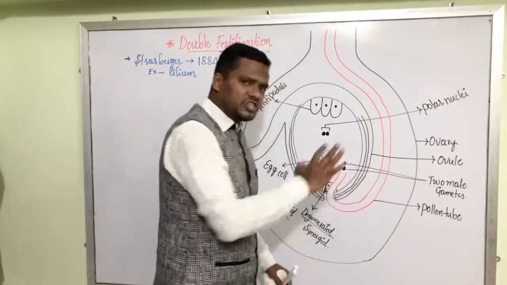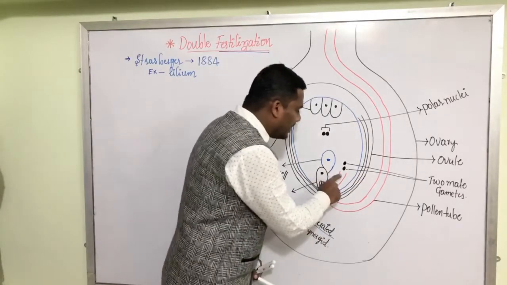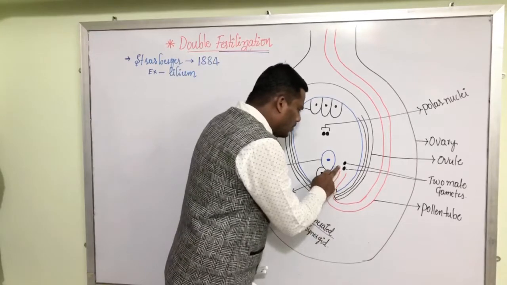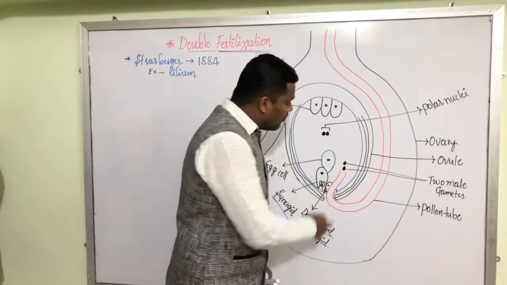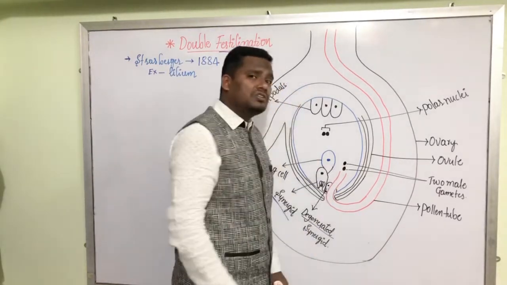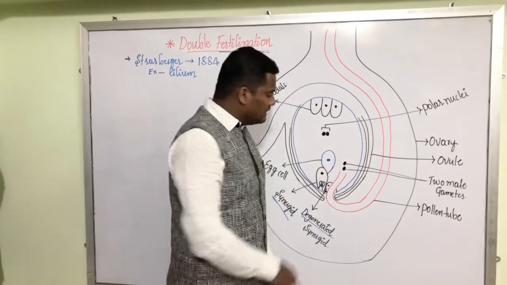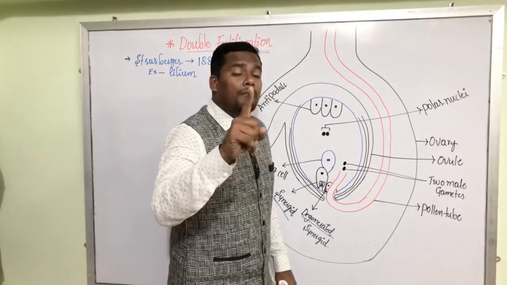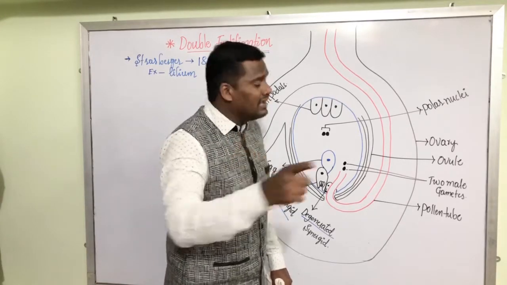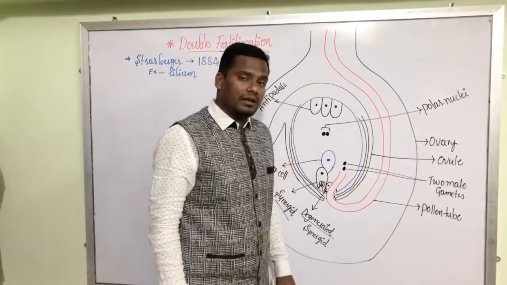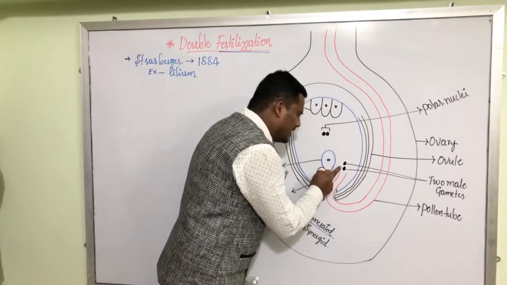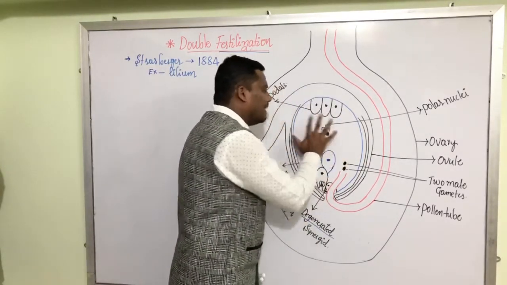They get released in the embryo sac by breaking the tip of the pollen tube. Now, the question arises, why are two male gametes released? These two male gametes are the result of mitosis in the generative cell of the pollen grain. As a result of that, there are two male gametes released in the embryo sac.